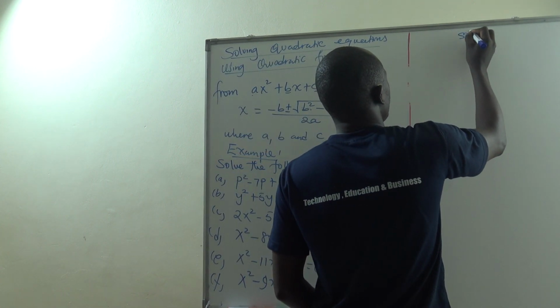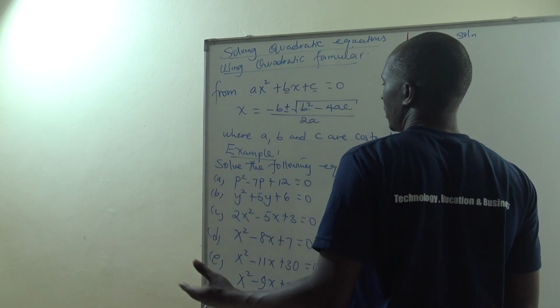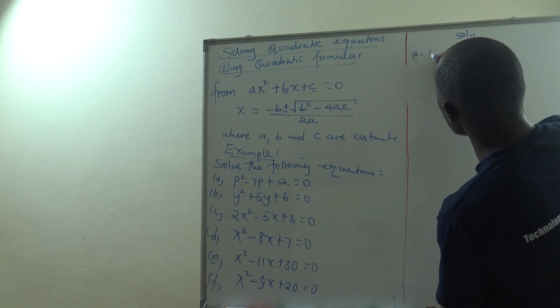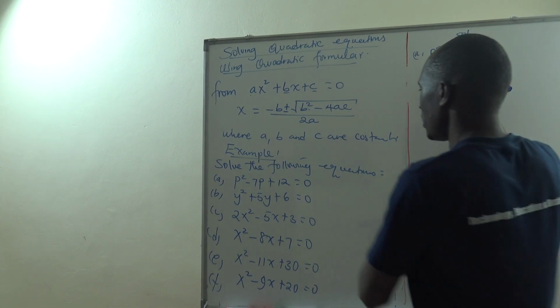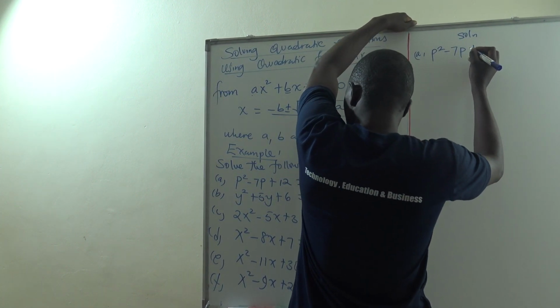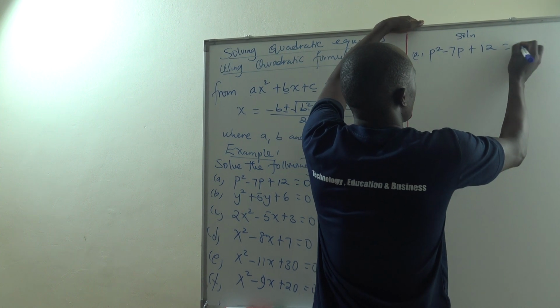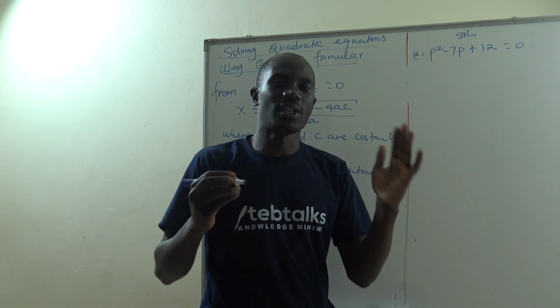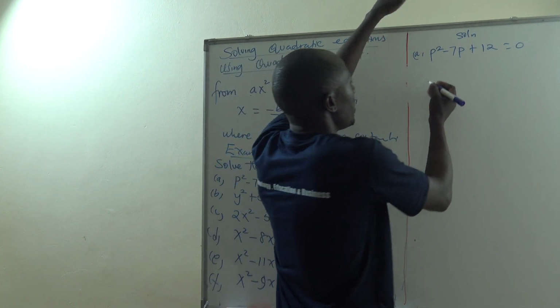So solution. We are starting with part A, which goes p squared minus 7p plus 12 equals 0. Comparing with ax squared plus bx plus c equals 0, we start by comparing that.